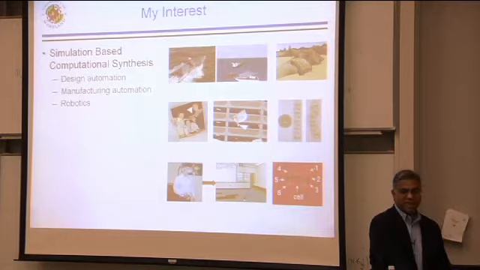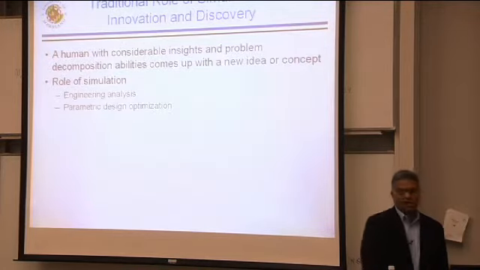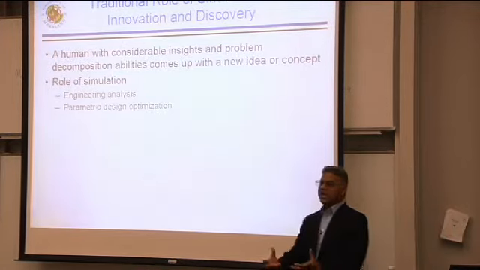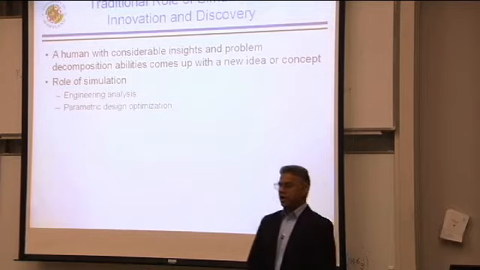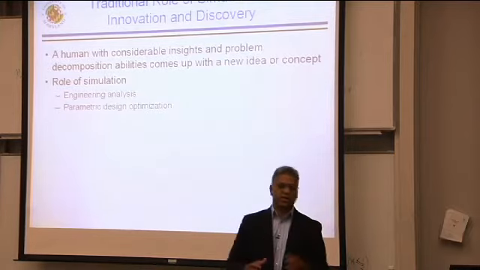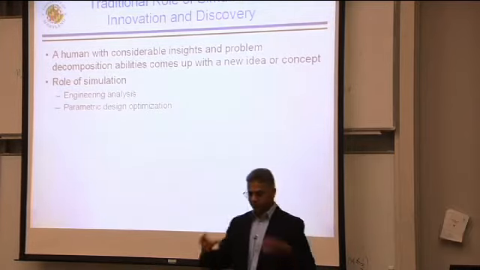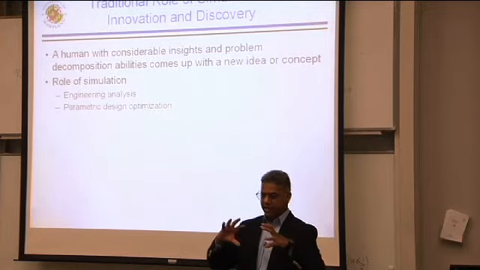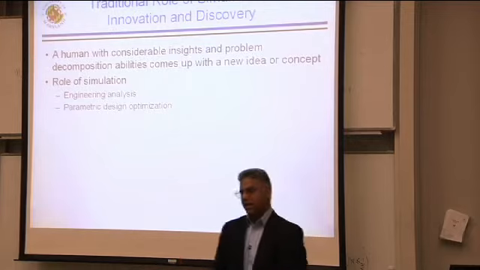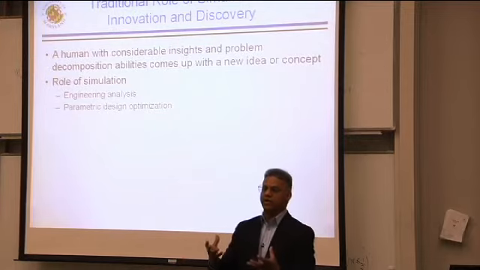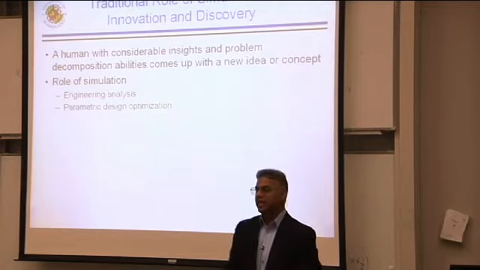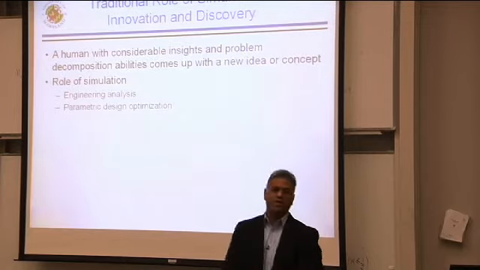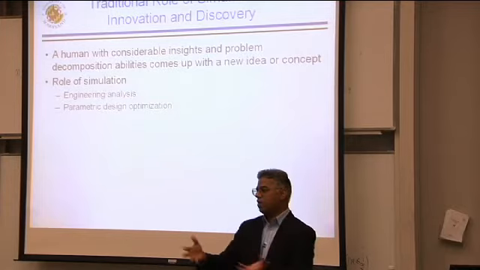So let me explain what this field is all about. Traditionally, the way people use robotic simulation is the following. Somebody sits down, comes up with a solution, and then you use simulation to evaluate how good this solution is. Is it good? Are there any problems with it? And if you have parameterized your solution, then you can use simulation to also do optimization.